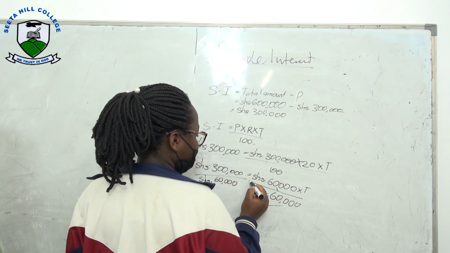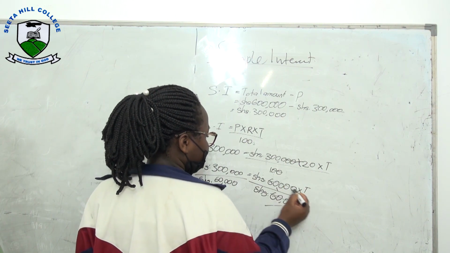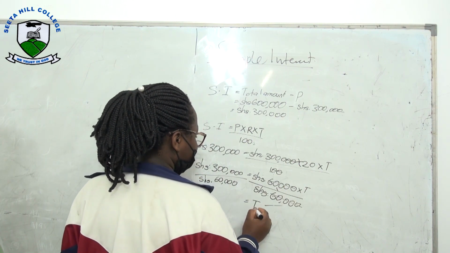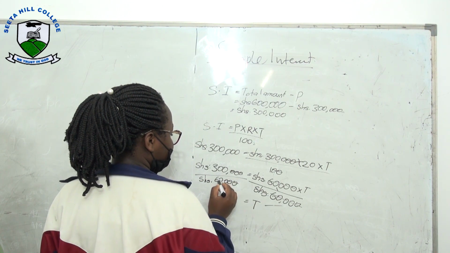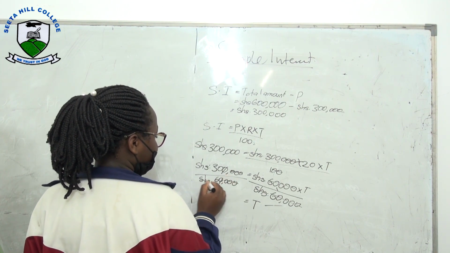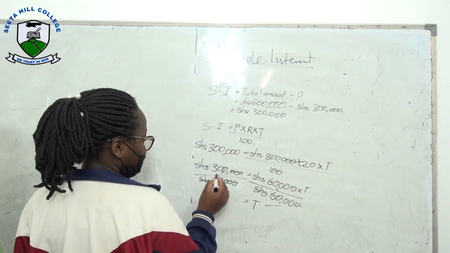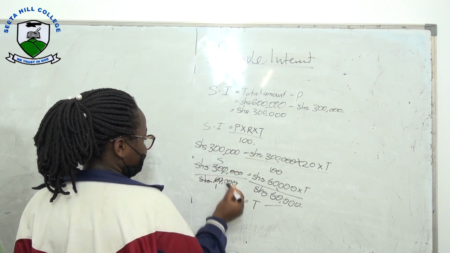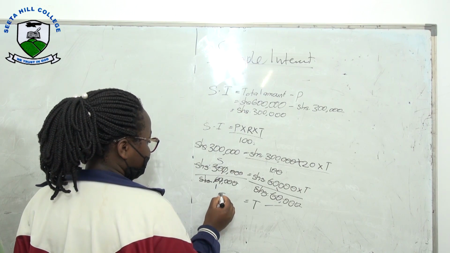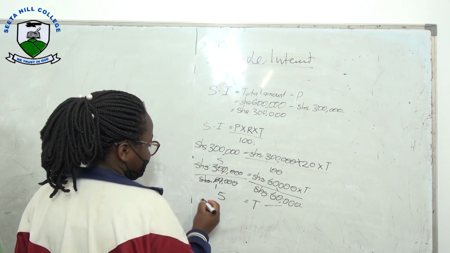So the shillings can be cancelled. We shall bring T to this side, and on the other side the shillings can also be cancelled. So meaning time is equal to 5, and time is given in years.